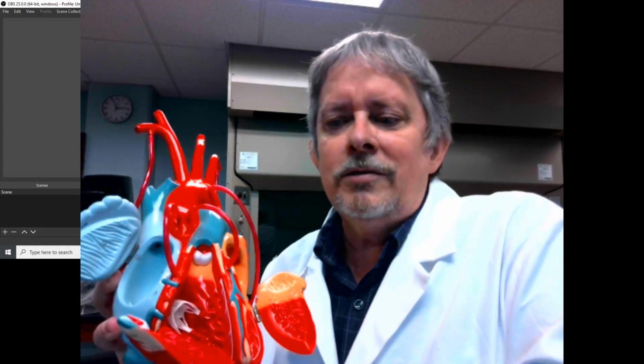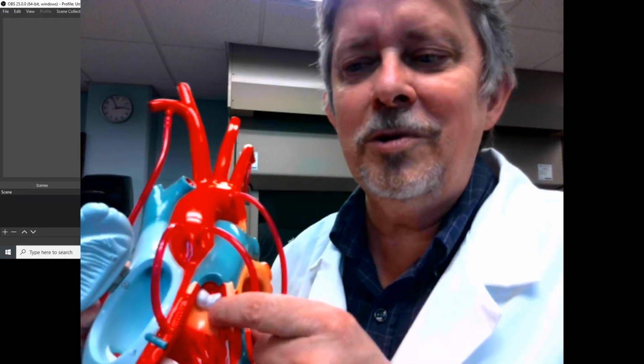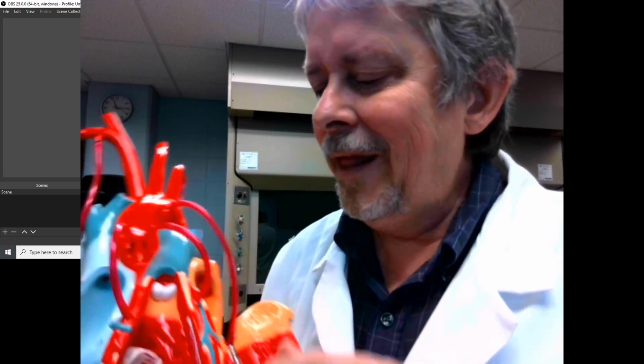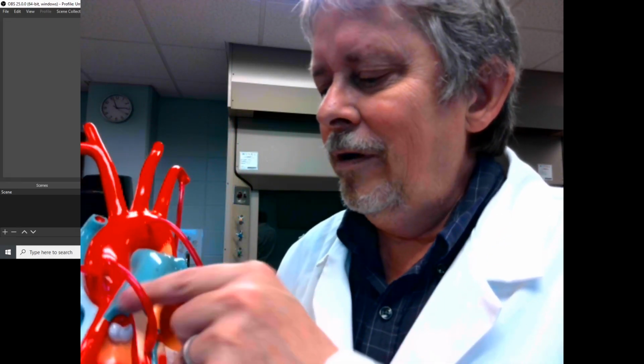Really stupid way to remember it, but I had a student at one time who said the only way he could remember semilunar was it looked like somebody was starting to shoot the moon there, but not completely. So he said that reminded him of semilunar. So you have your atriums, your ventricles, left and right AV valves, and then your left and right semilunar valves.